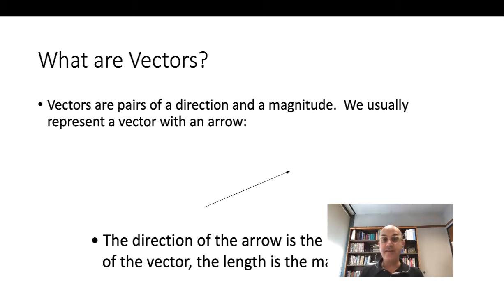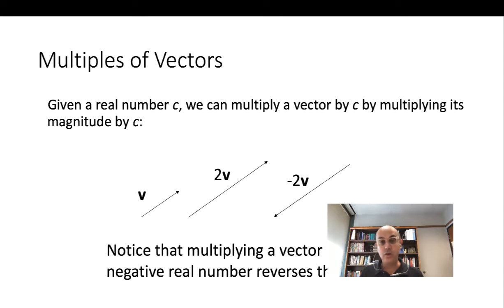So usually the vector is shown with an arrow. The direction of the arrow is the direction of the vector, and the length is the magnitude. Multiples of vectors usually allow us to manipulate the vector.